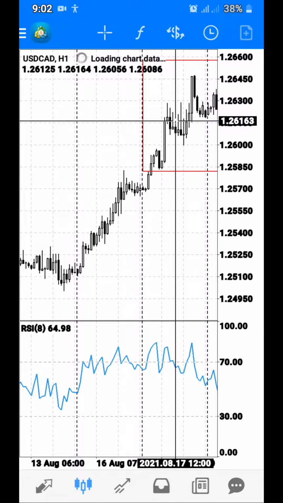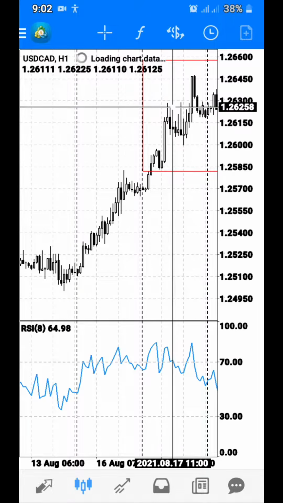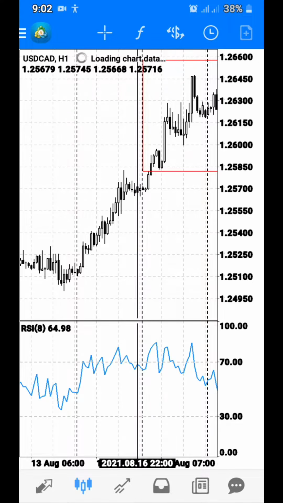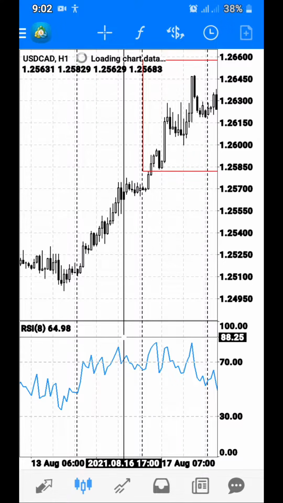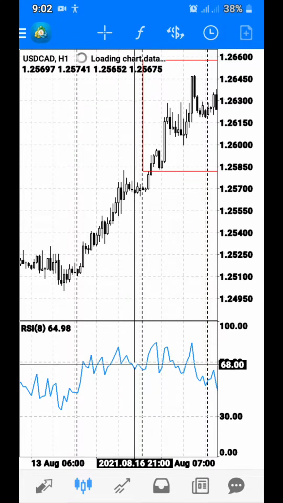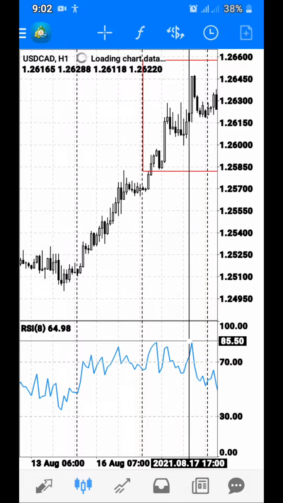You try to identify the market structure, which is making higher highs. The next thing, we look at our indicator, to see if it is also giving us higher highs. If you look at this point, you can see the indicator is giving us a lower high, lower high.